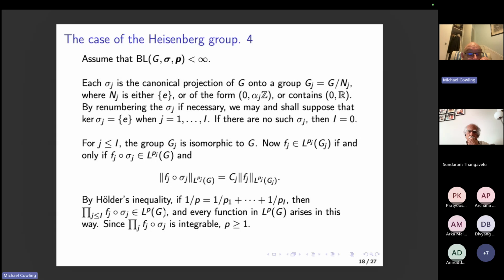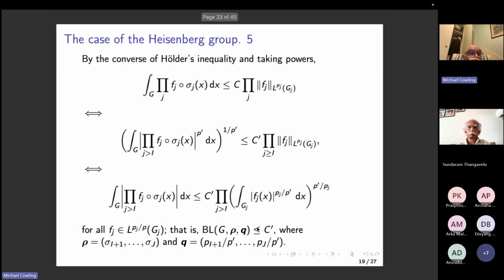And every function in L^p arises in this way. Every function in L^p can be written as a product of functions in L^p1 times L^p2, etc. And we know that this product is integrable, and that means that the p has to be at least 1. So I can apply now the converse of Hölder's inequality, and I can take powers.